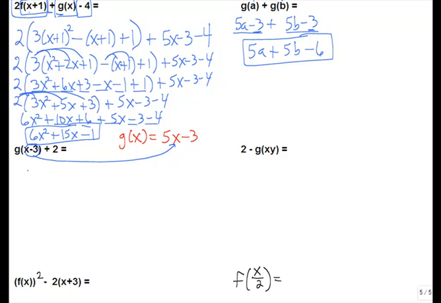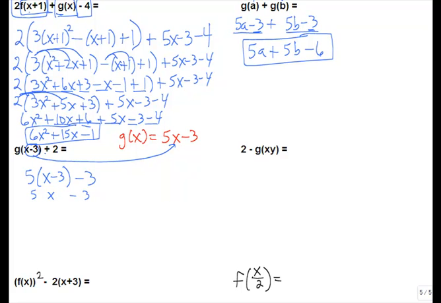So my new rule would be 5, and then instead of 5x, it's going to be 5 times x minus 3, and then we have this minus 3 on the side. So again, it kind of looks like the original 5x minus 3 that was the real rule for g, but instead of having x, we've replaced this x minus 3 in its spot.